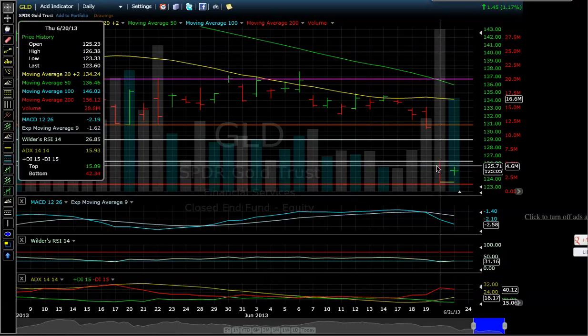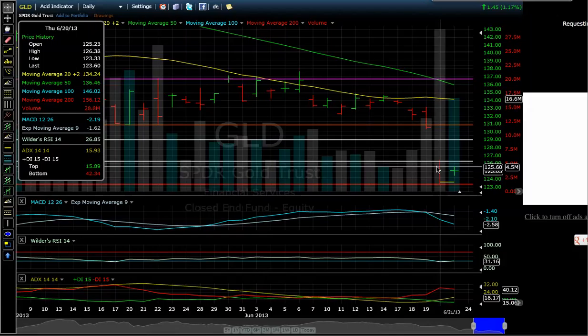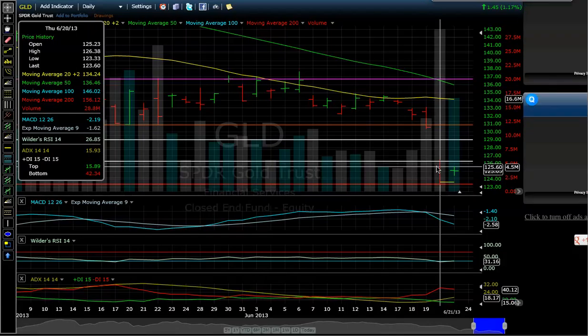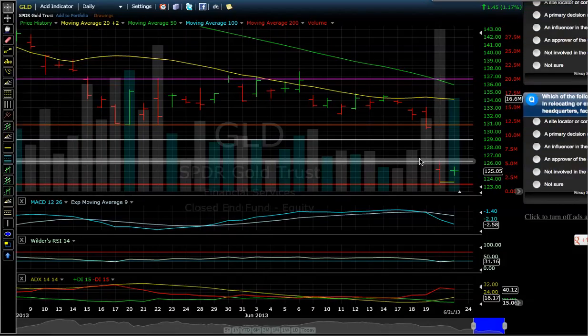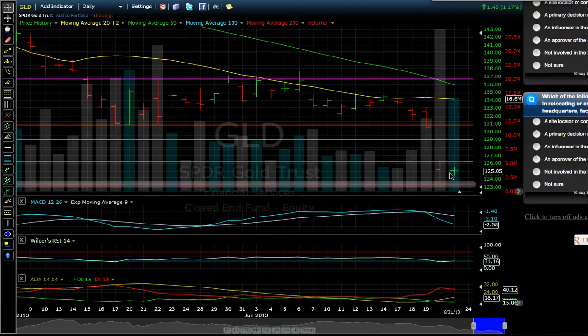Now, you will have trouble when you get here. I like to buy low and I like to sell high. This, of course, would be my low, and then I will want to sell high, either when it retests this area, or this area. Of course, this would be my target on a swing trade. I can swing trade this from here to here.